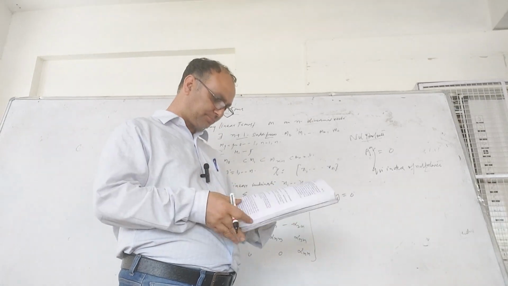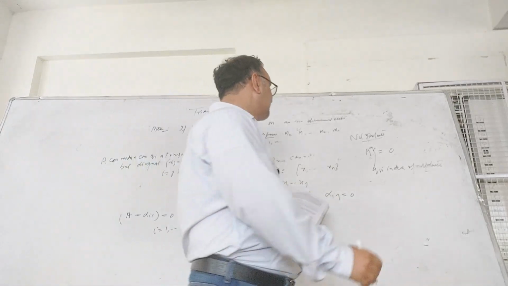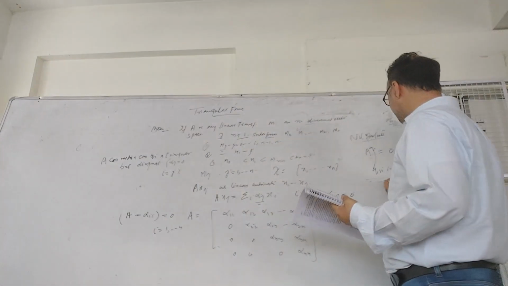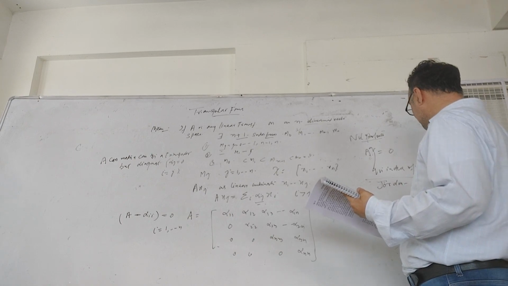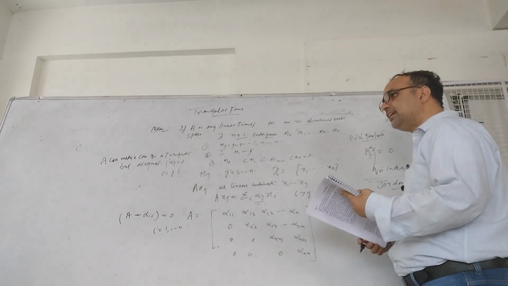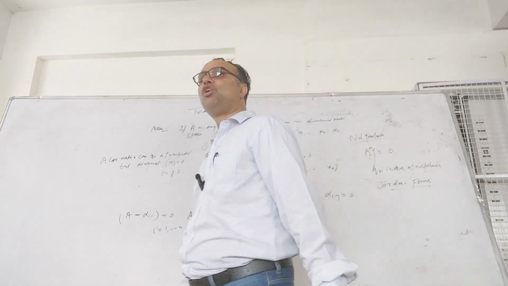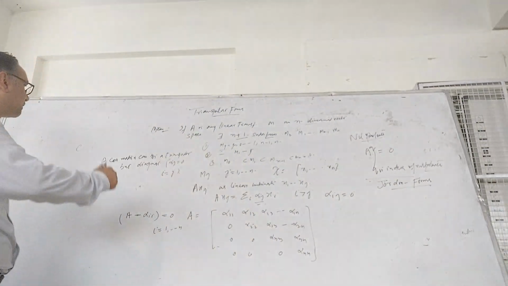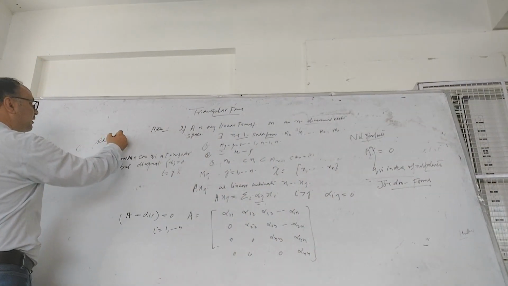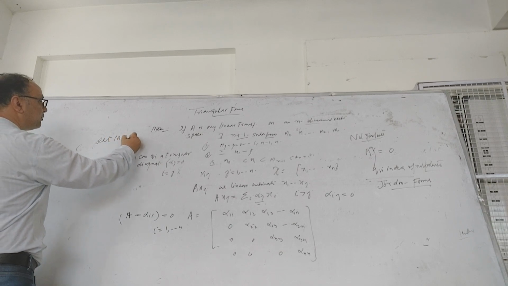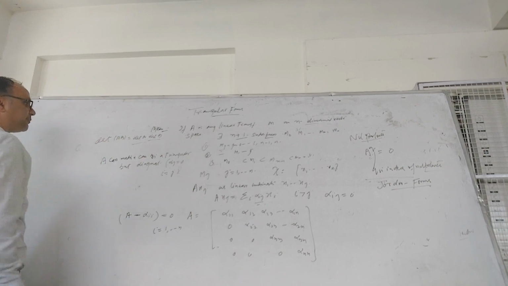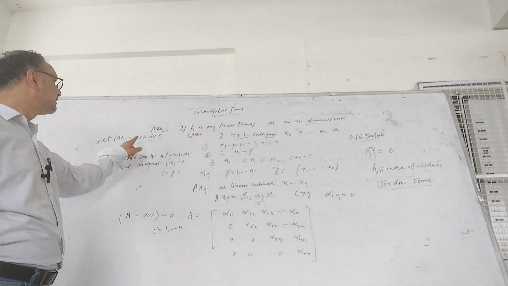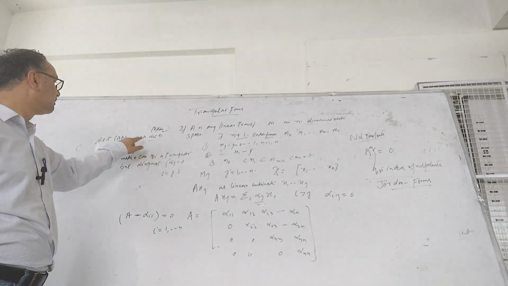That's it. And one interesting subtlety is how we can construct Jordan forms. If you remember, previously when we talked of the properties, the determinant of AB is equal to the determinant of A into the determinant of B. What is the condition that this should hold?